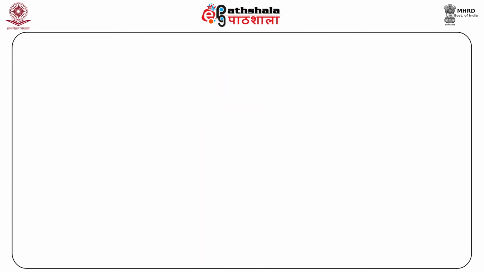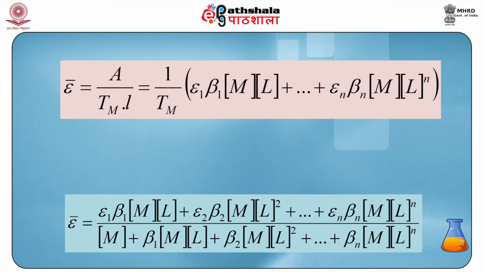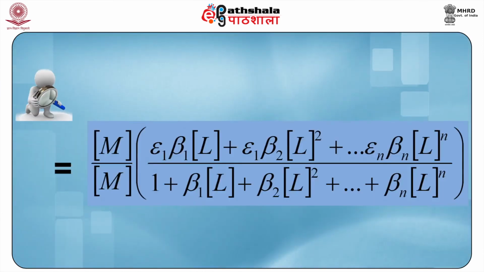Dividing both sides by total metal concentration Tm, we arrive at the mean molar extinction coefficient, represented by epsilon bar. This epsilon bar is equal to A divided by total metal concentration into L, and when substituting the individual values of Tm here, we arrive at this equation.